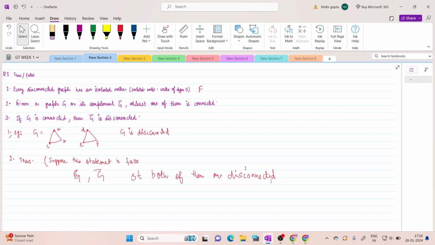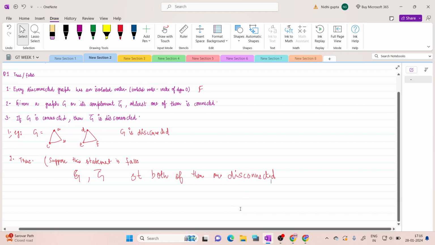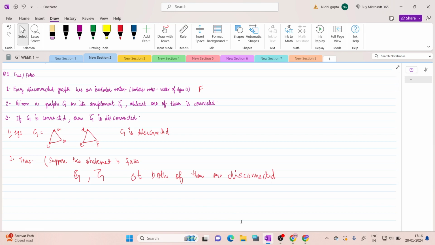Okay. So now everyone is fine with the second statement being true? Any doubts? If not, what about the third statement? In the second statement we are using the result that if G bar is disconnected, then G is connected.